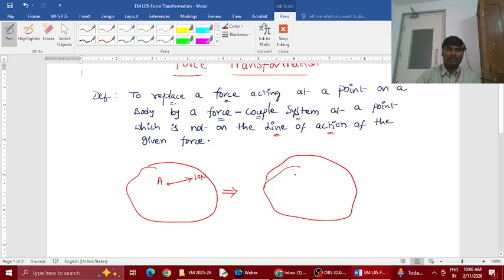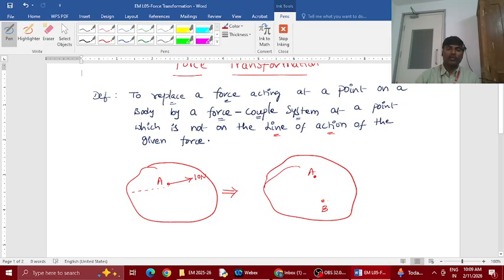I'll consider the body. Let us choose some other point which shall not be lying on this line of action. So I choose a point B, some other point. Point A was here, and point B I choose.